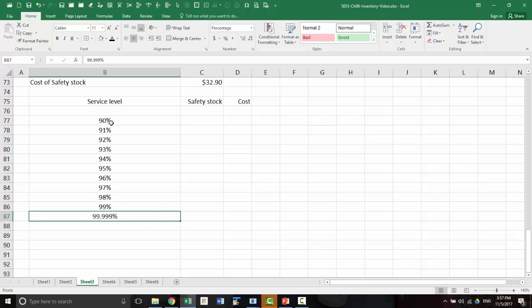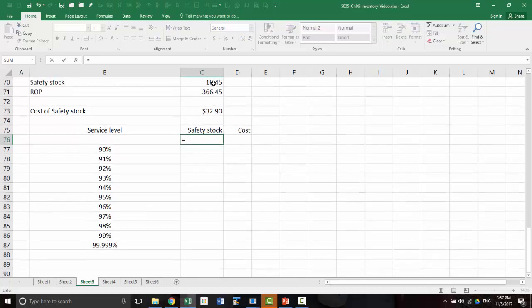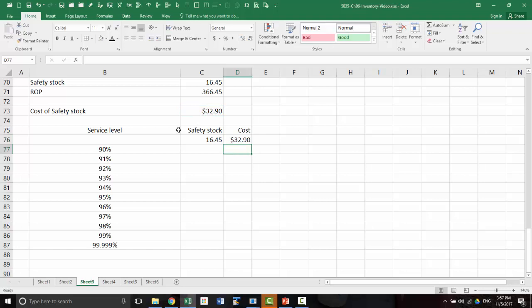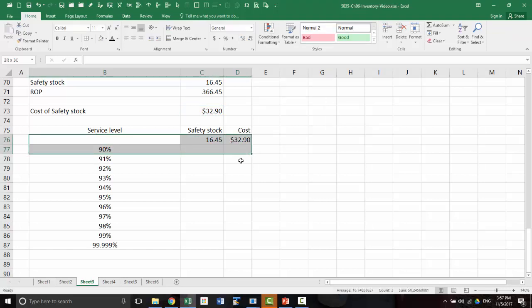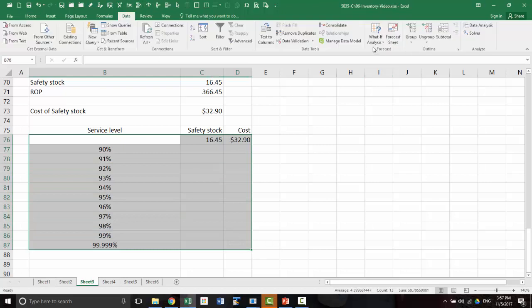All right. Now we want to look at the safety stock and cost. So the first row being blank, we'll enter the cell reference formula for safety stock here, and the cost of safety stock here. So now highlight the entire area, and make sure that the first row is included and these percentages are included.